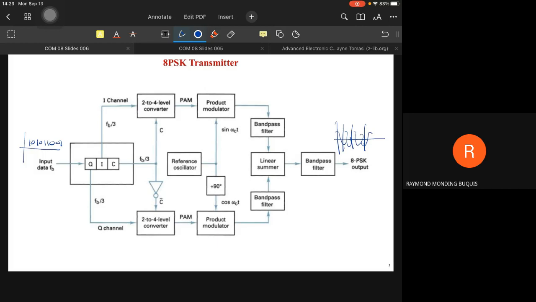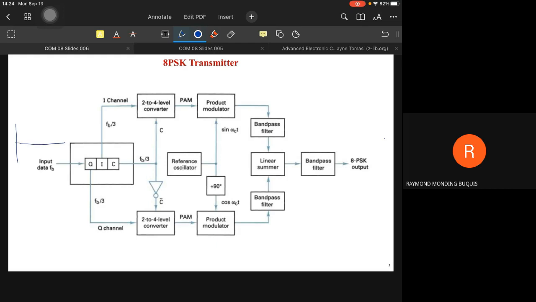So, in between ana, ang main nga feature nga makapadifer sa 8 PSK transmitter and a regular QPSK transmitter is this one, the bit splitter. Ano man gyapon to bit splitter, but ang kanyo, ang inverter. Not gate nga inverter. So invert niya ang C nga bit.